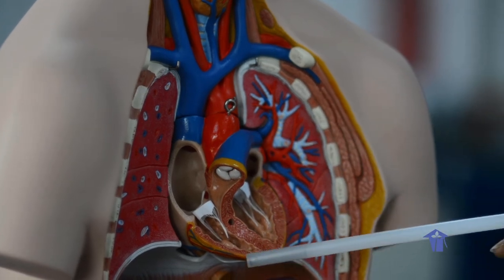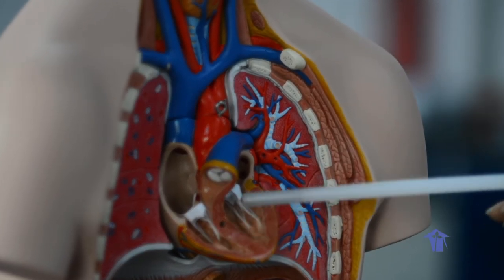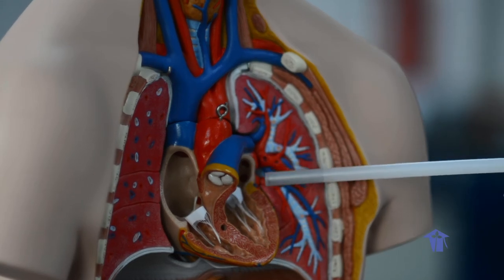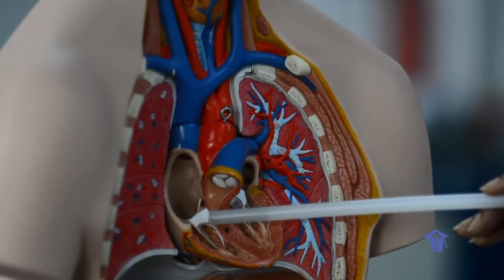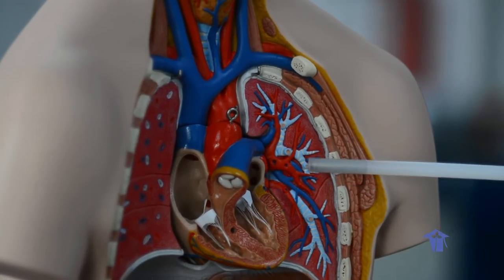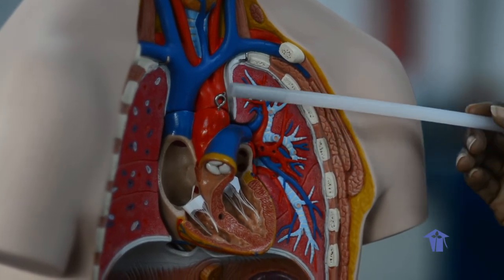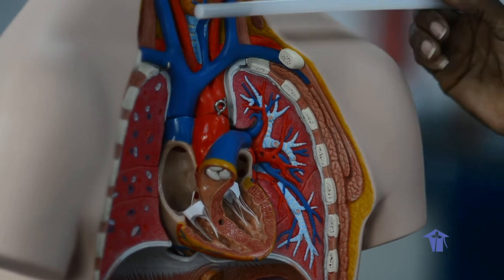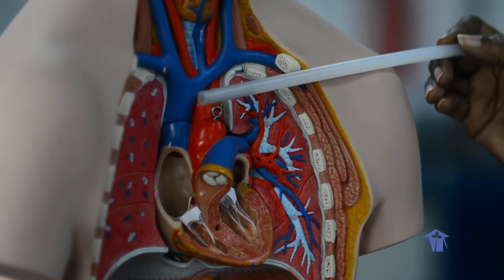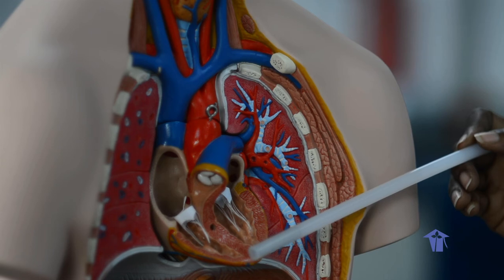And we can see the location of the heart, as well as the 4 chambers which comprise the heart, and the valves which separate the upper and the lower chambers of the heart when we look at it from the inside. So this is as if we have taken a vertical section through the heart.